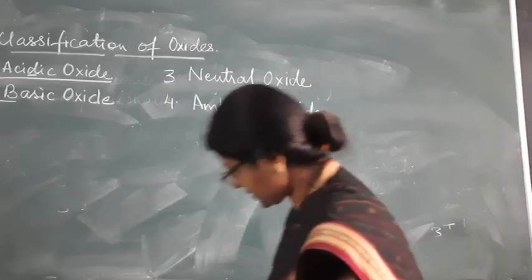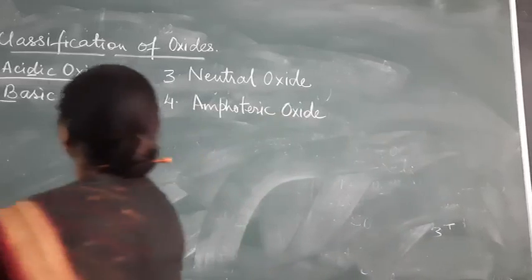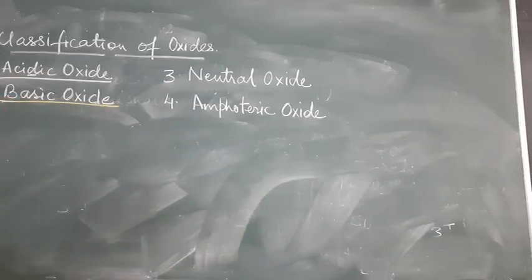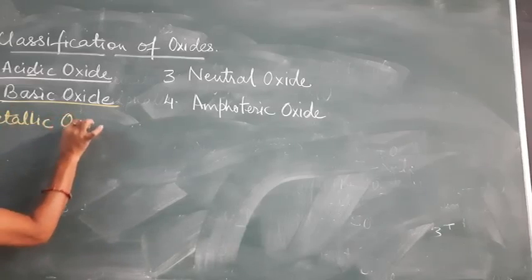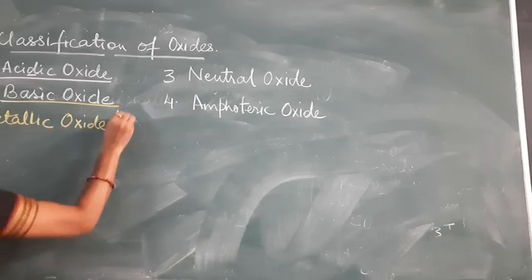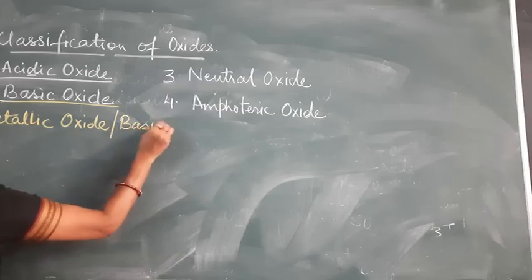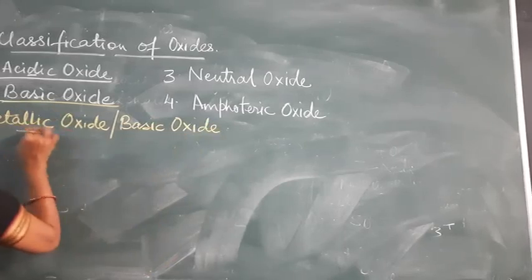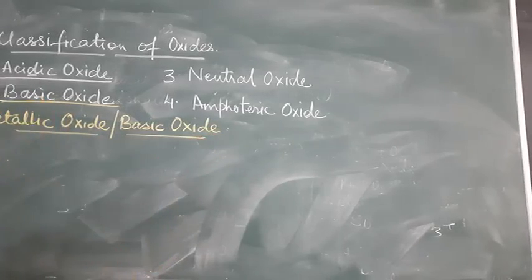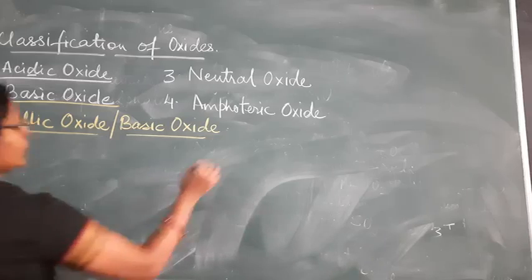Next oxide is basic oxide. Basic oxides are the metallic oxides. Basic oxides form when a metal reacts with oxygen on heating.